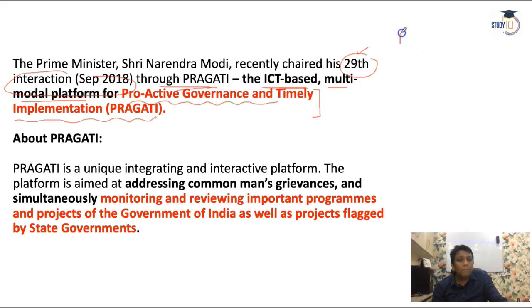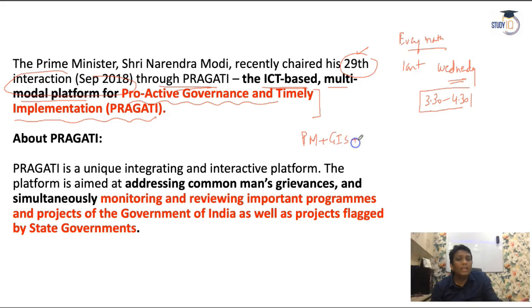The reason is that every month, and you should be clear with this concept, on the last Wednesday, from 3:30 to 4:30 from the PMO house, the PMO meaning the Prime Minister's Office, the Government of India Secretary and the State Secretary, all three connect together with the help of video conferencing digital services and discuss programs that might not be implemented and fulfilled on time. The government brought a lot of schemes and programs, but whether they are completed on time matters a lot.